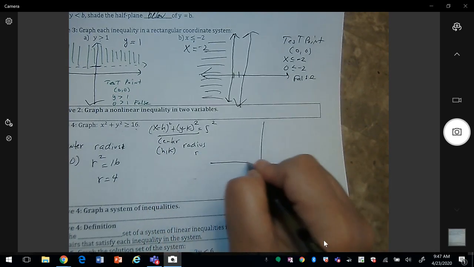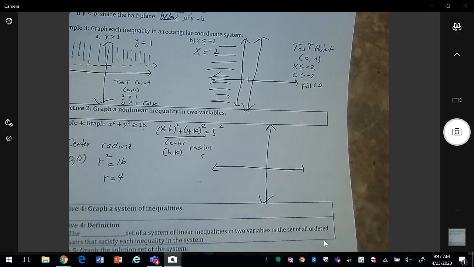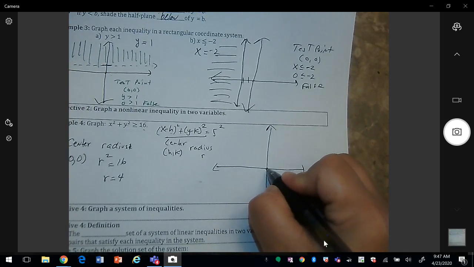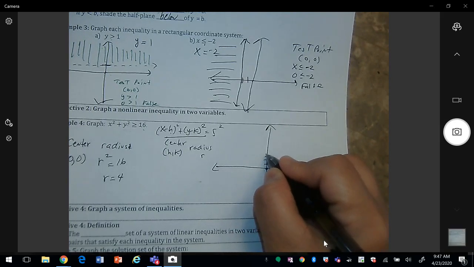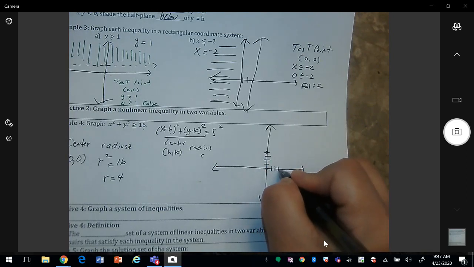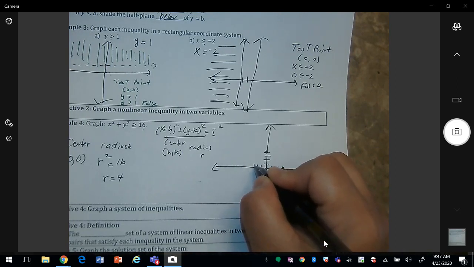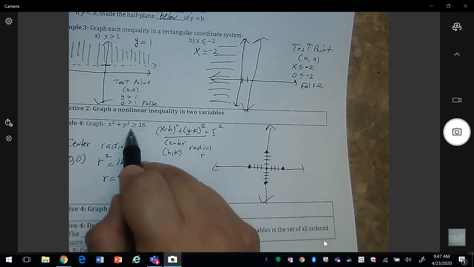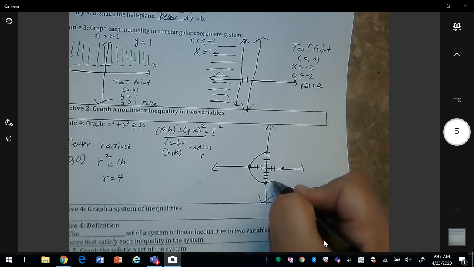So if we graph this, we plot our center, which is here, and then we use the radius to go up 4, to the right 4, down 4, and left 4 from the center. It is a solid line, so my circle is going to be like this.